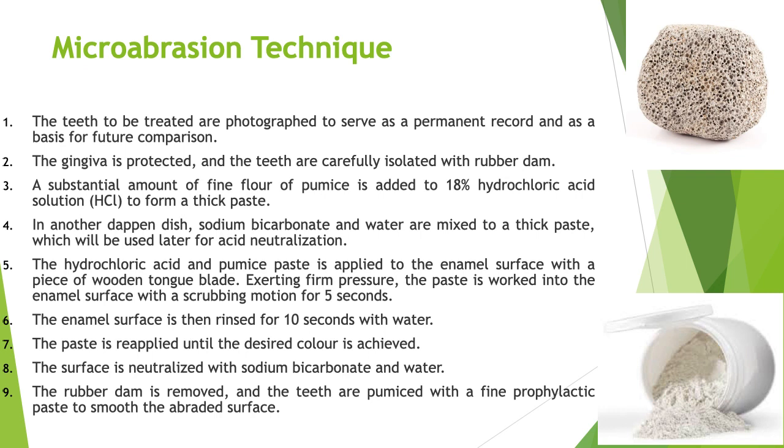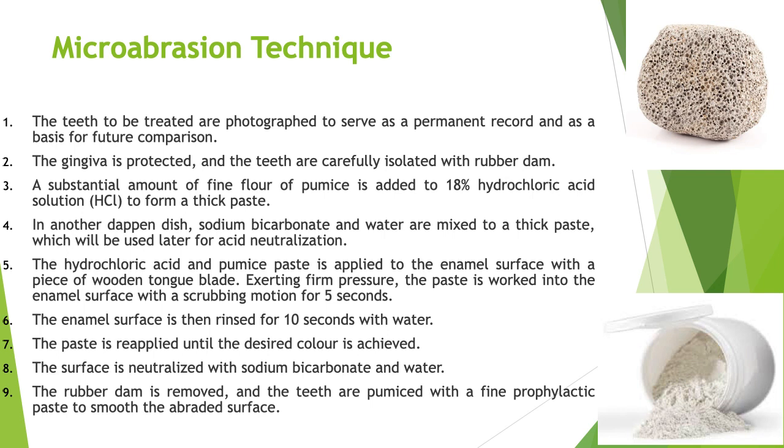and then we use rubber cups or brushes to scrub the surface and remove the superficial layer of enamel, and this motion is done over 5 seconds for each tooth. Then we rinse the surface with water, and then we can apply the mixture again if needed.